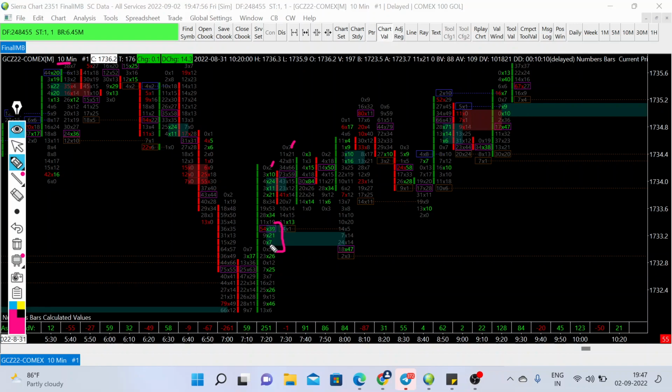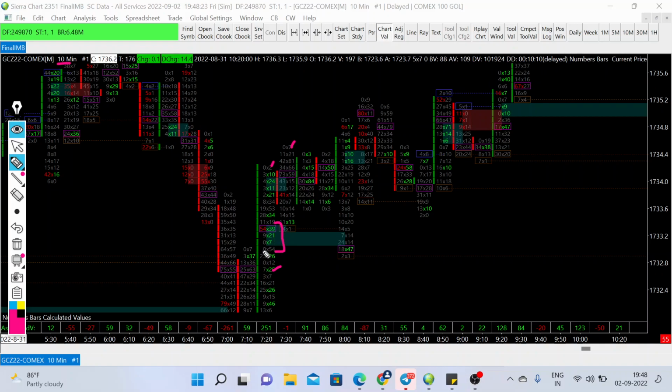Our first step is to find the stacking of buying orders, and for this setup I have set the percentage between buy and sell at 400%. That means whenever the buy order reaches 400% of the sell order, I will get a buying imbalance.